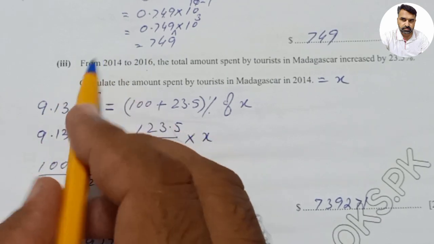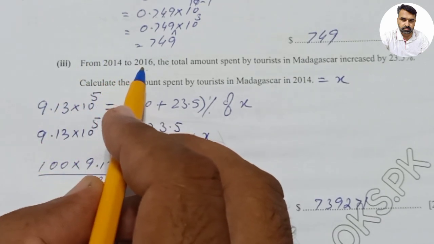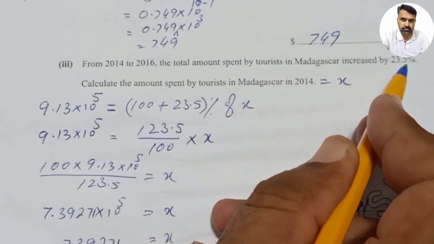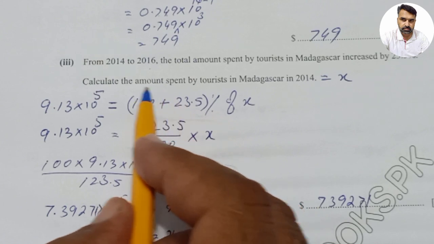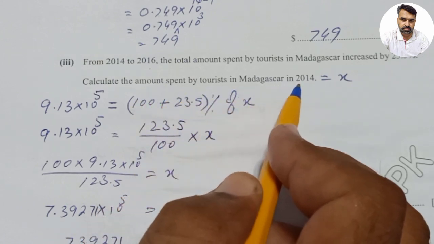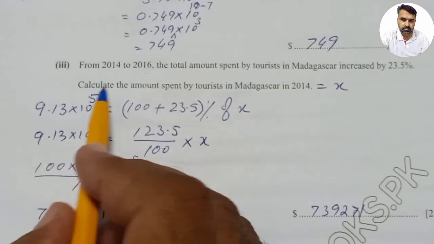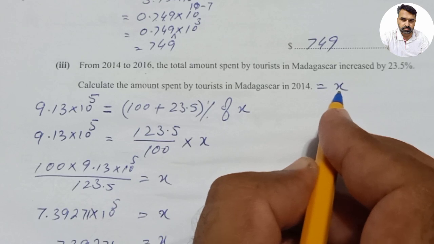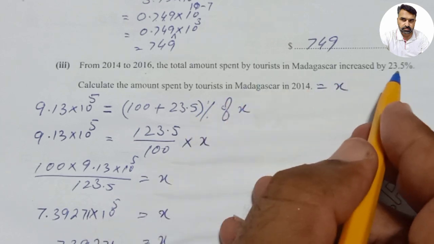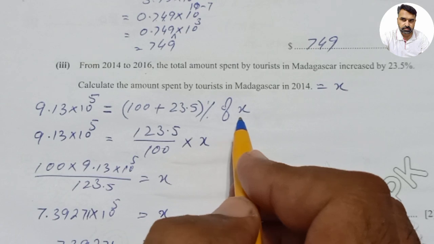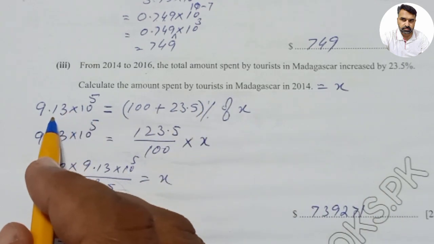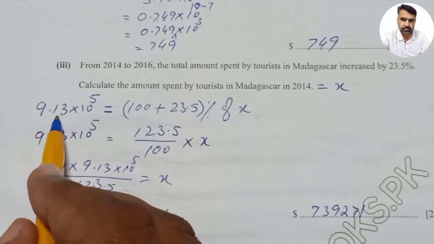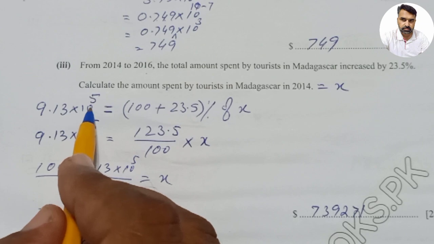Third part of C part: from 2014 to 2016, the total amount spent by tourists in Madagascar increased by 23.5%. Calculate the amount spent by tourists in Madagascar in 2014. We suppose that the amount in 2014 is X. So students, we will add 23.5% to 100% and multiply it with X to get the amount that is spent in 2016, and that is 9.13 multiplied by 10 to the power of 5.